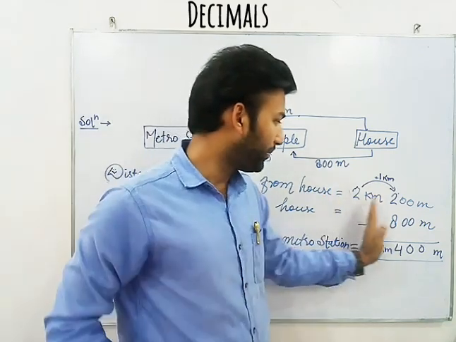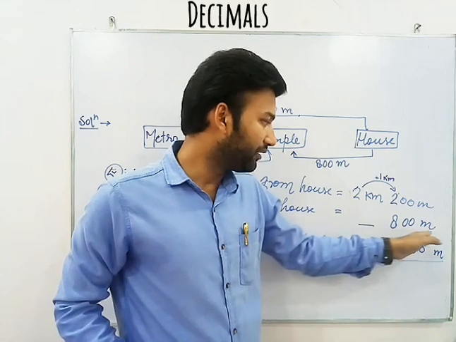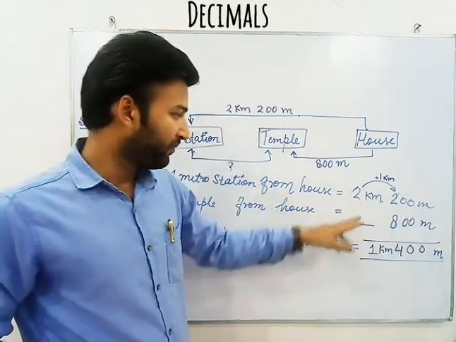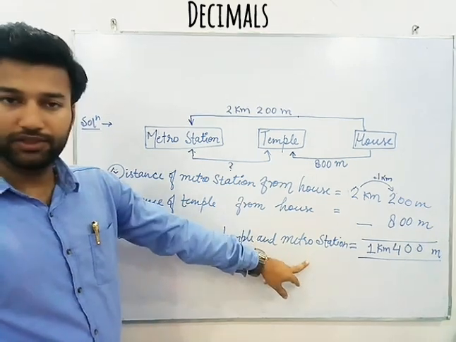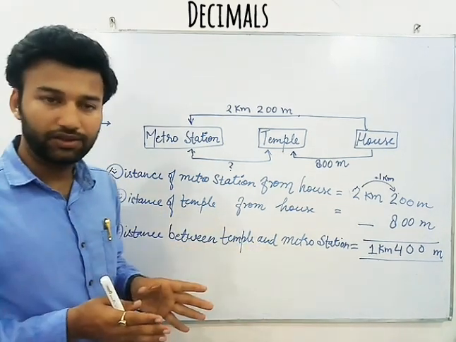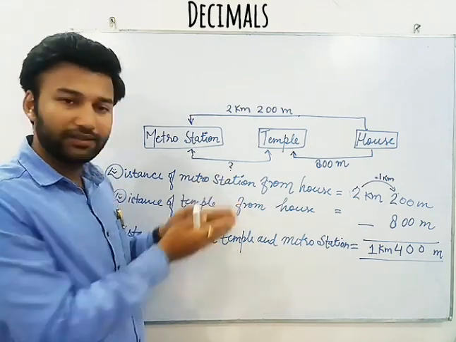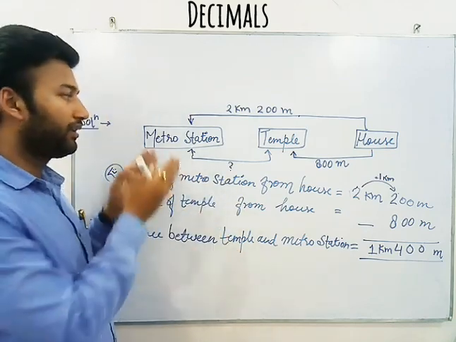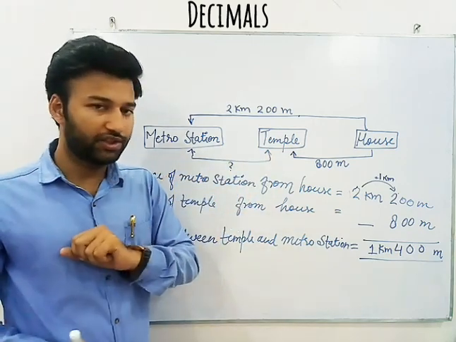Now we will write in a separate column. This is 200 meters, so we will write in the meters column 800 meter. Okay, now the distance between temple and metro station: if we subtract both distances, we will find the remaining distance. Remaining means distance between temple and metro station.